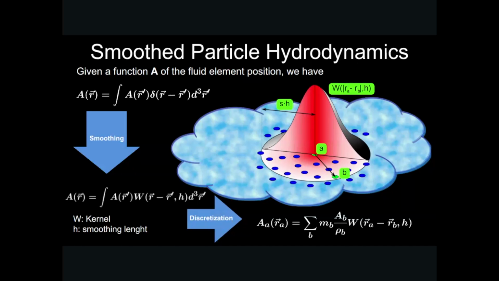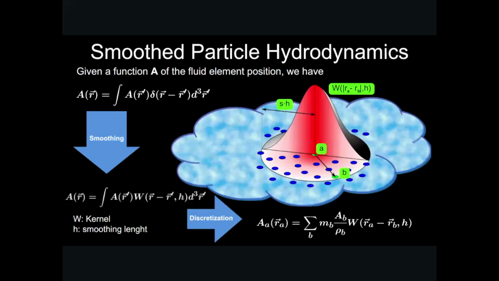The kernel weights the property A of the neighbor particles b, identified with a discrete subscript. To visualize this, imagine that you are interested in the mass density. Instead of big A, replace it with the density rho. So the fraction vanishes, and you simply get the summation over the neighbor particles multiplied by the kernel, which actually has the dimension of the number density. So this gives you the idea and the philosophy of smoothed particle hydrodynamics.